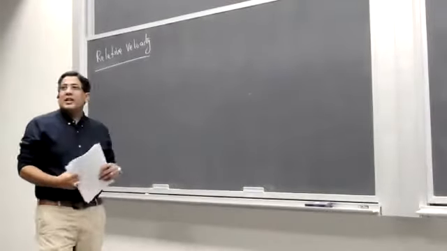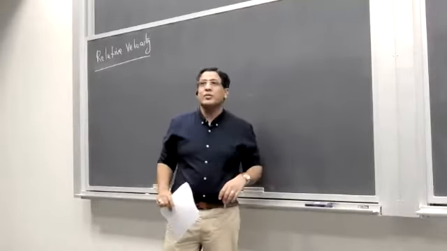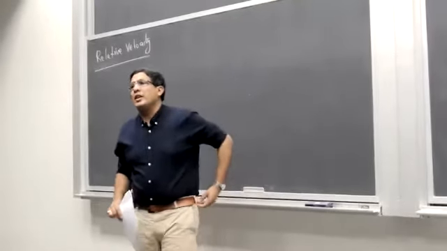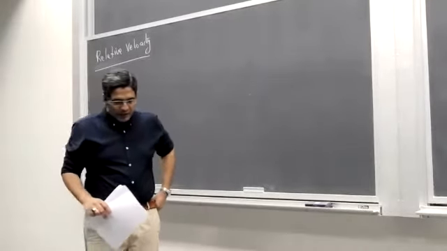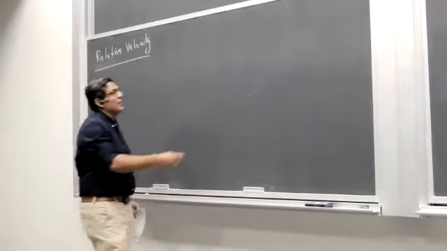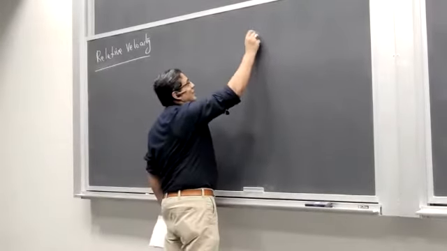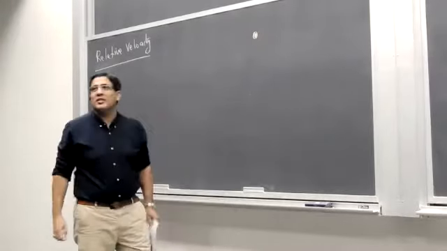So let's start with a simple example, and let me try to give a context about the word relative here. So let's say we have a point somewhere here. Now the question is, we want to know the height of this point.